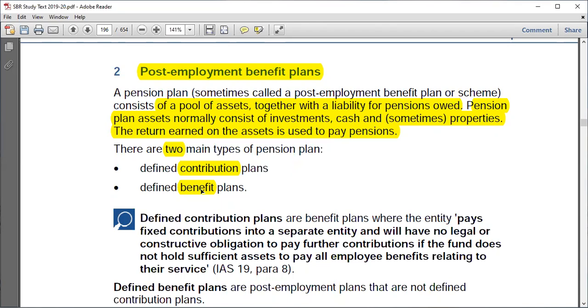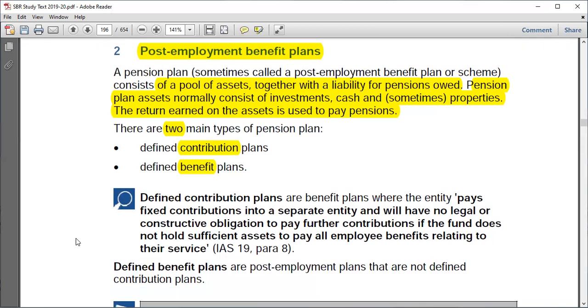You can stop paying the contribution because they see that you paid much more and actually you have a reserve, so no need to pay. Simply speaking, a defined contribution plan removes the risk, but in a defined benefit plan, the entity retains that risk.